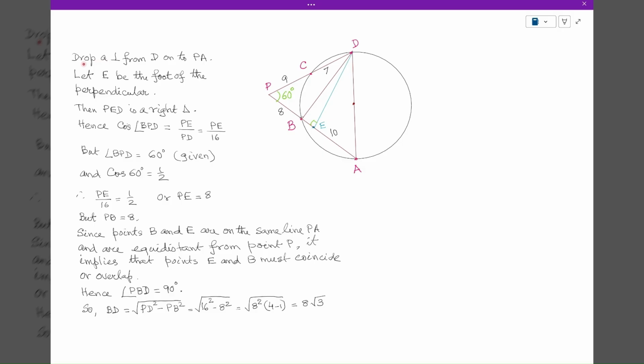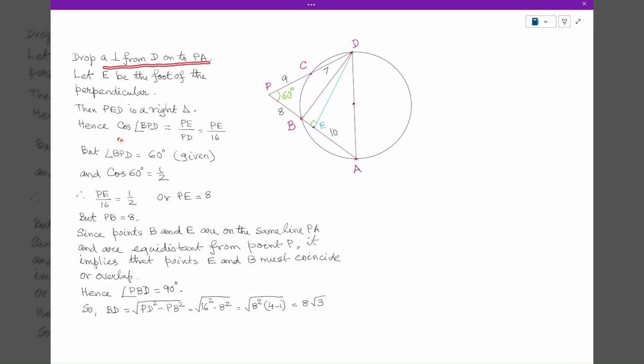Drop a perpendicular from D onto PA. Let E be the foot of the perpendicular. From D, we have dropped a perpendicular on PA, and the foot of the perpendicular is E. Then PED is a right angle.